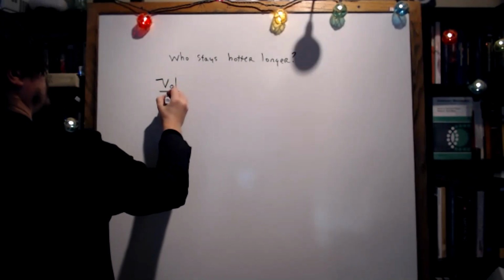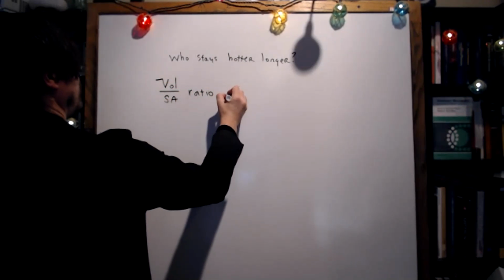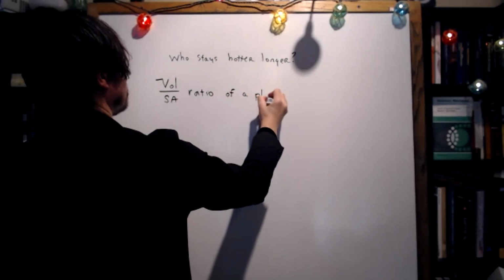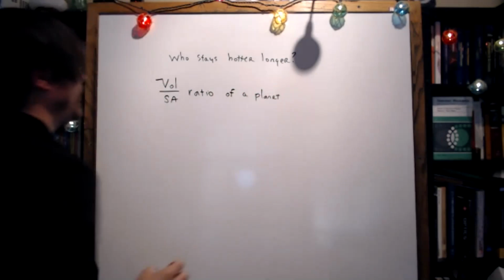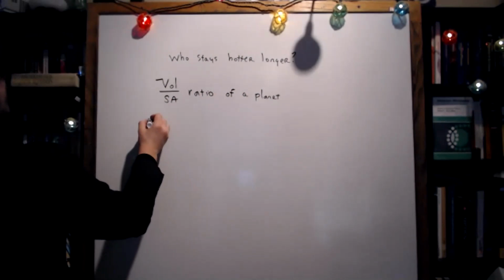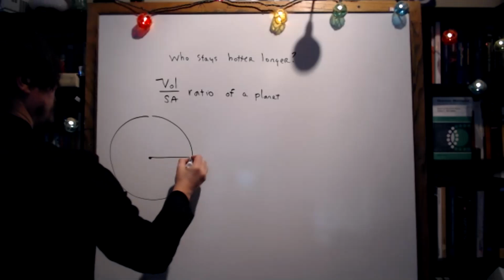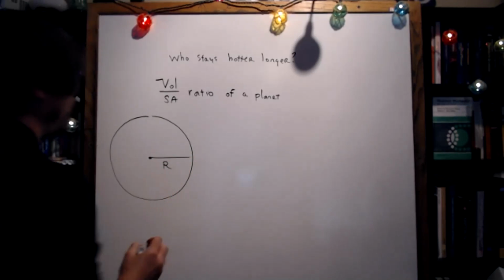I'm going to call it the volume to surface area ratio of a planet. It's kind of a big concept in planetary science. Let's take a planet and let's imagine it's a sphere. The sphere has radius r.